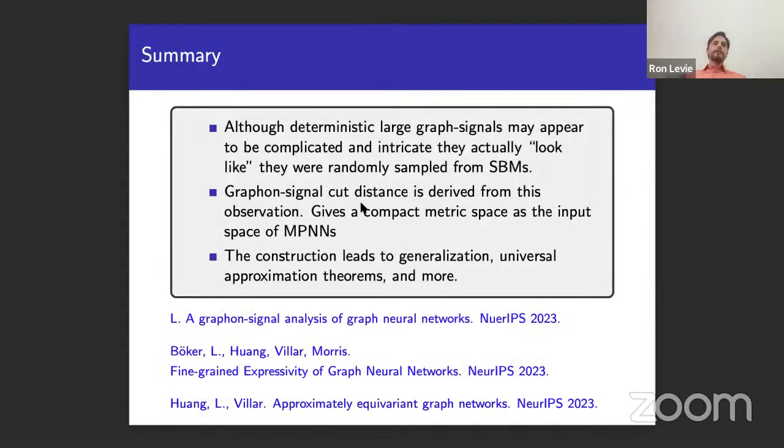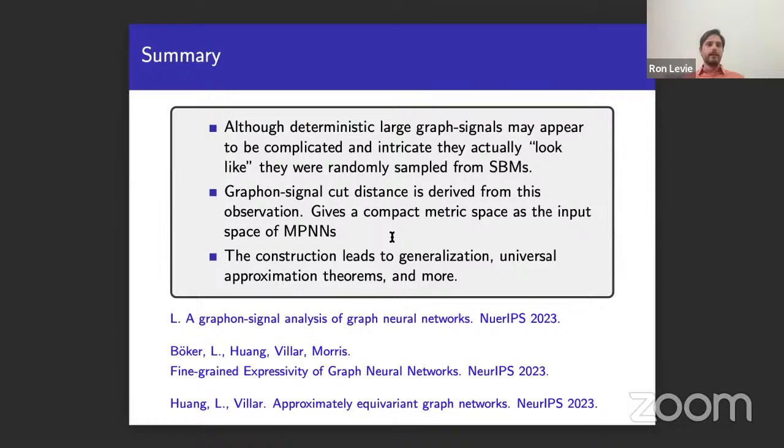Okay, so in summary, we saw here that even though deterministic large graph signals may look complicated, they're actually regular and behave as if they were sampled from stochastic block models. We developed the graph-on-signal cut metric that has this interpretation that two graph-on signals are close to each other if they look like they were sampled from the same stochastic block model.